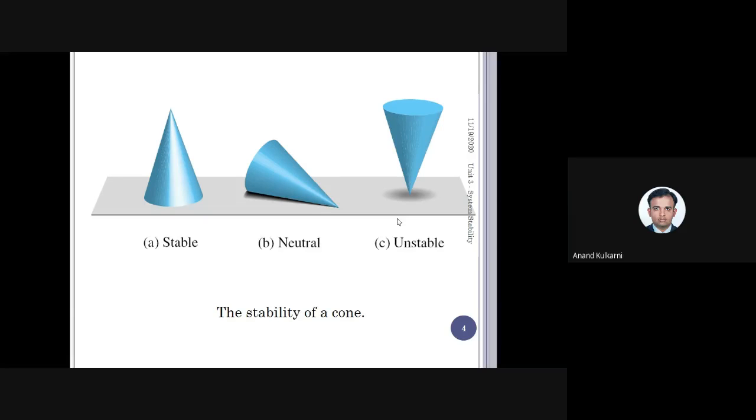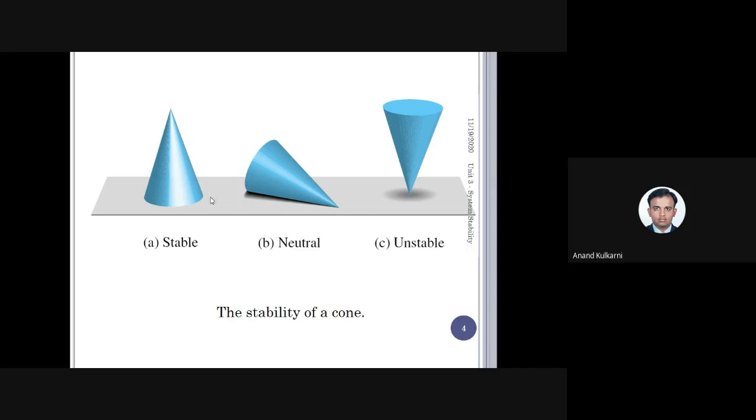Here you can see what is meant by stable or unstable. There are 3 sketches. The first one is a totally stable system. Even if you try to make it unstable, unless a large amount of force is applied, it will stay in this position. So this is stable. Whereas this is what is known as limitedly stable or conditionally stable.